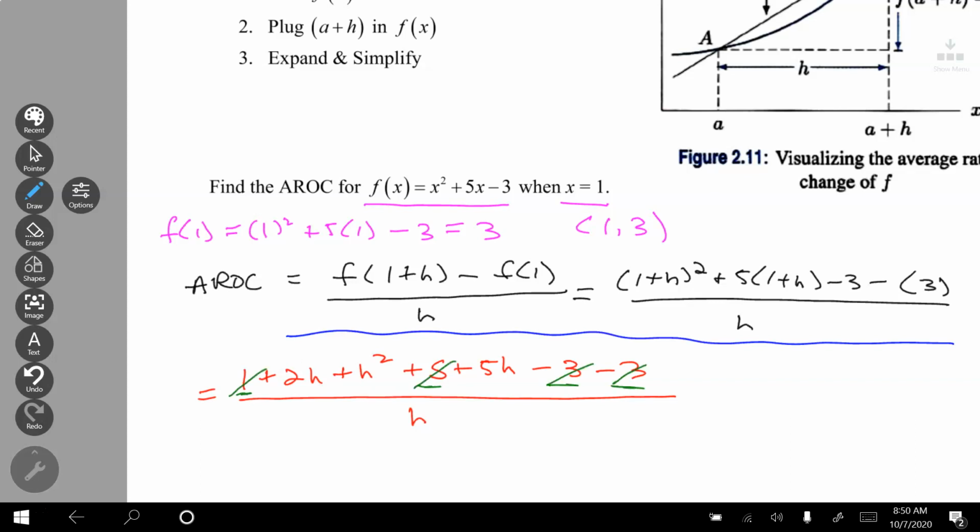So these numbers do cancel out. I have 2h plus 5h is 7h plus h squared all over h. I can cancel out 1h here, and h here, and h here. So my average rate of change equals 7 plus h at x equals 1.